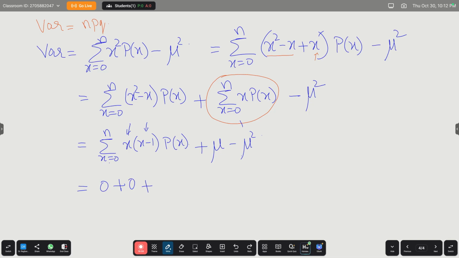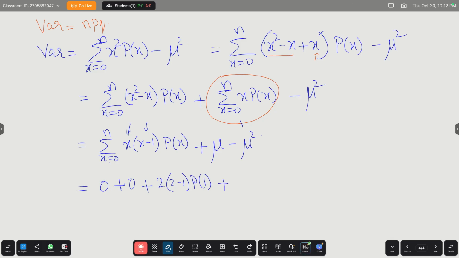So first two terms will be zeros. Now when I give x equal to 2, it will not be 0. So x is 2 multiplied by 2 minus 1 into p of 2. You could have written nCx p power x into q power n minus x in place of p of x in this step itself, or you can do it later also.